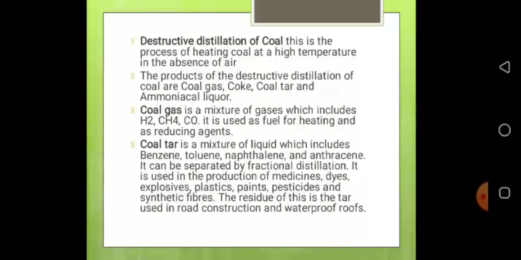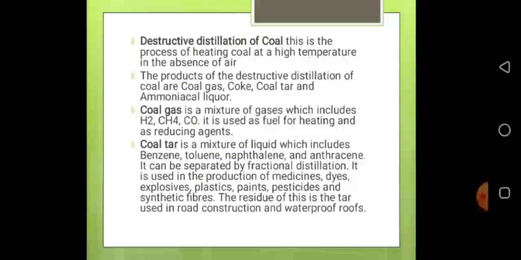Then coal tar is a mixture of liquids which include benzene, toluene, naphthalene, and anthracene. It can be separated by fractional distillation. It is used in the production of medicine, dye, explosive, plastic, paint, pesticide, and synthetic fiber. The residue of this is used in road construction and as waterproof roofing.